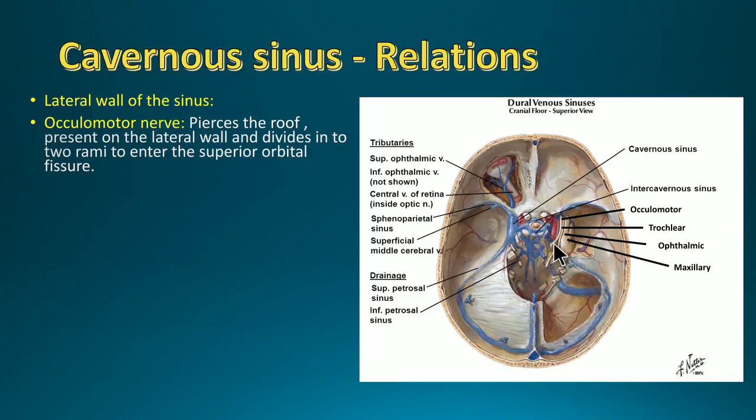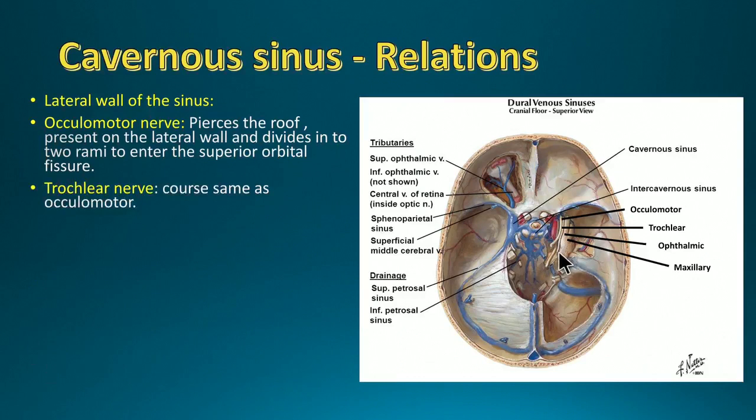Then afterwards, the oculomotor nerve runs in the lateral wall of the sinus. And then in the anterior part of the sinus, it divides into two divisions, upper and lower divisions, and enters the intermediate compartment of the superior orbital fissure.